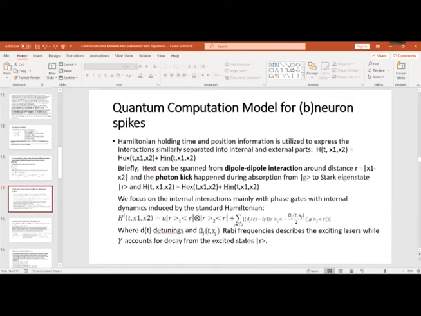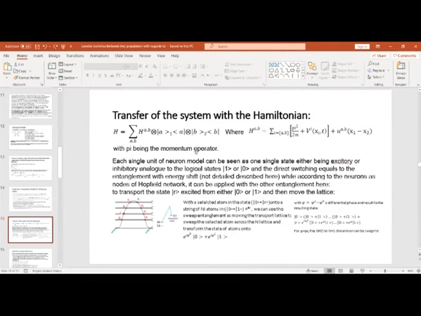For quantum, we know if it gets enough energy, it will go to the higher level. So it's really quite similar. And then there is the transfer of the Hamiltonian, which is also related to the phase.